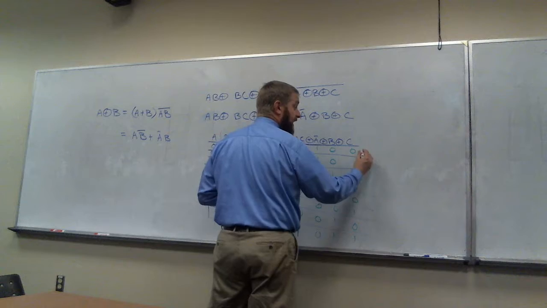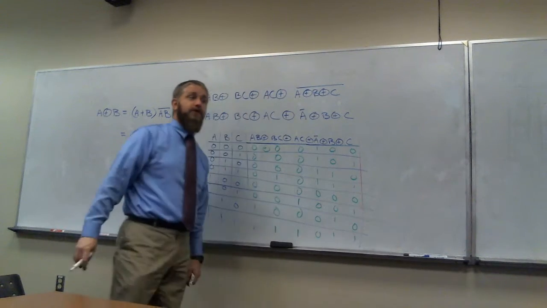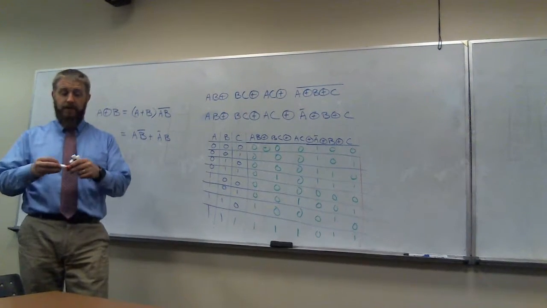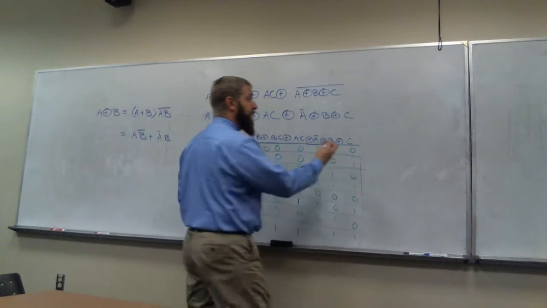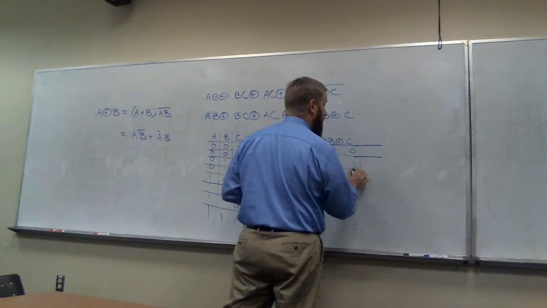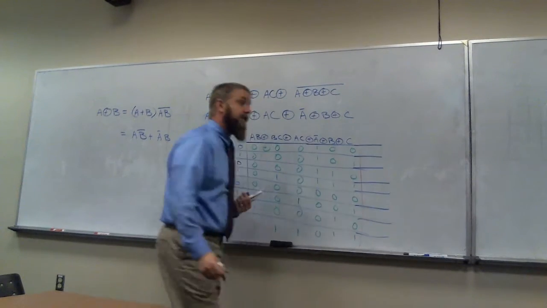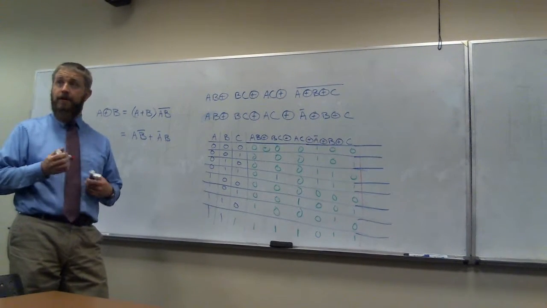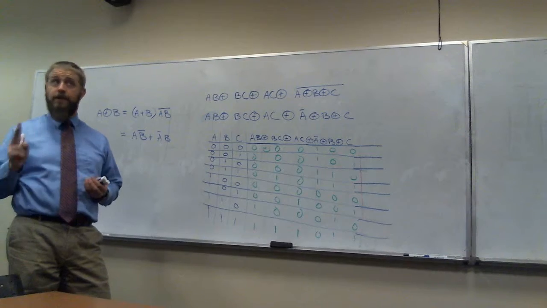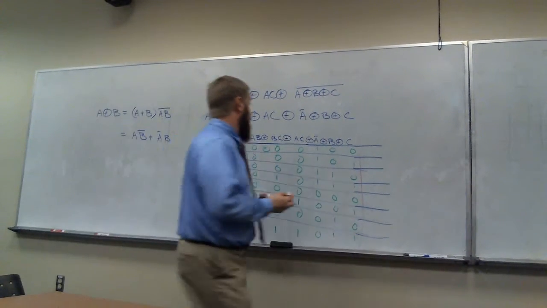Then to decide whether or not the statement is true or false with exclusive OR, what do we do? Count the number of ones. Should be an odd number of ones. Looking for an odd number. If we have an odd number, you've got a one, true. Even number, false.